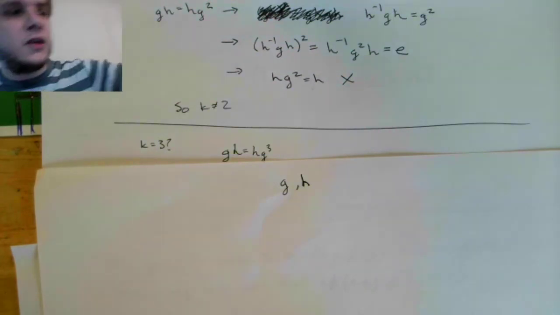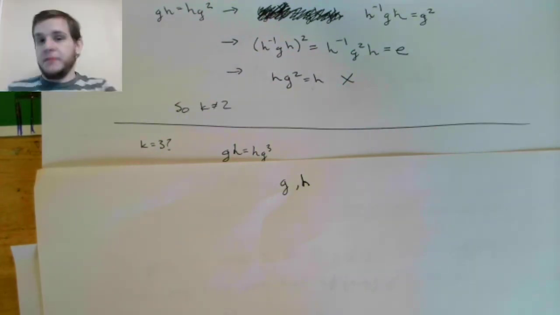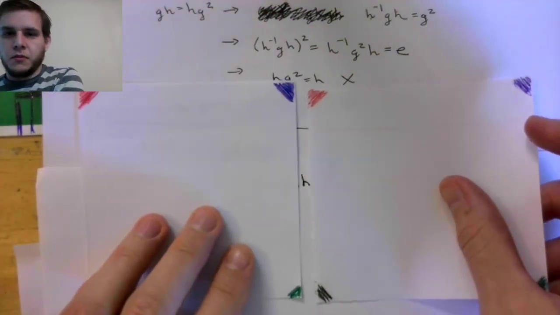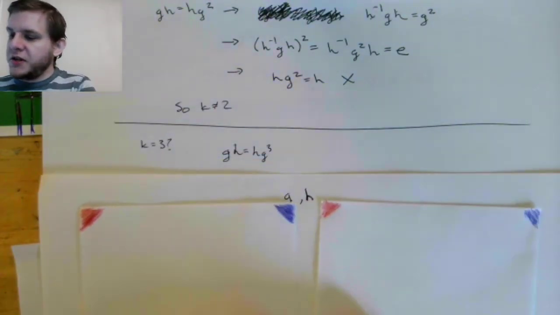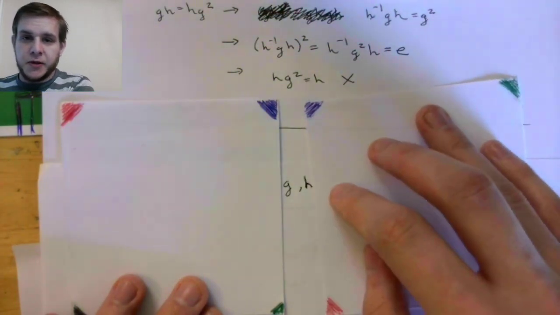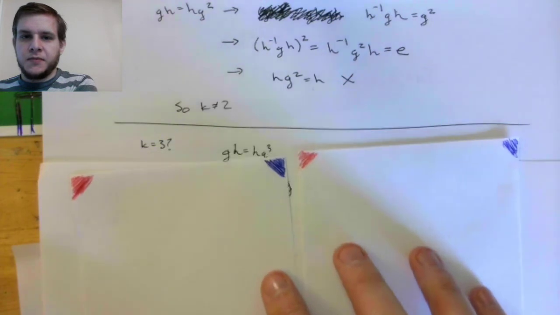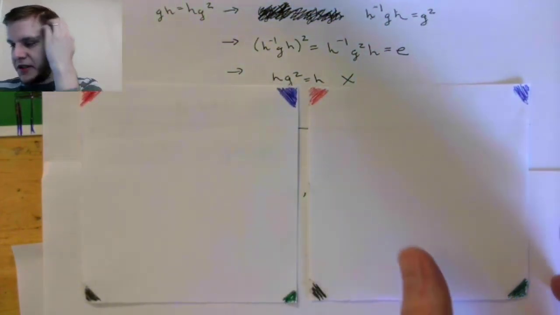And let's do a little computation in the dihedral group. So G here is going to be the rotation by 90 degrees, so it's the action where I turn this way. And H is going to be which reflection? Well, let's see.